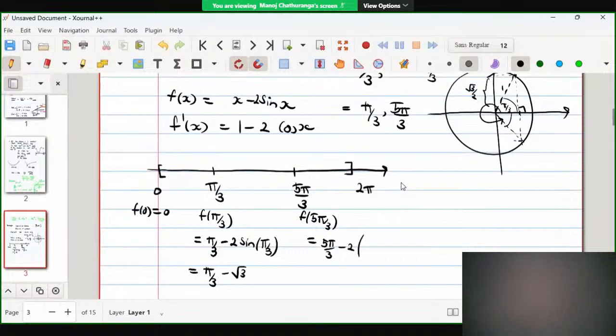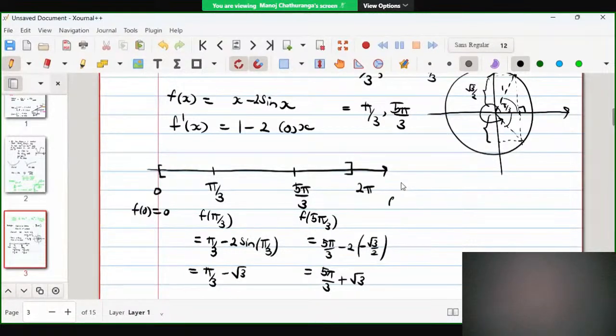And for this 5 pi by 3, it must have the same y value but with a minus sign. So times minus, because remember, sine of some angle is the corresponding y value on the circle. So this is 5 pi by 3 plus square root 3.